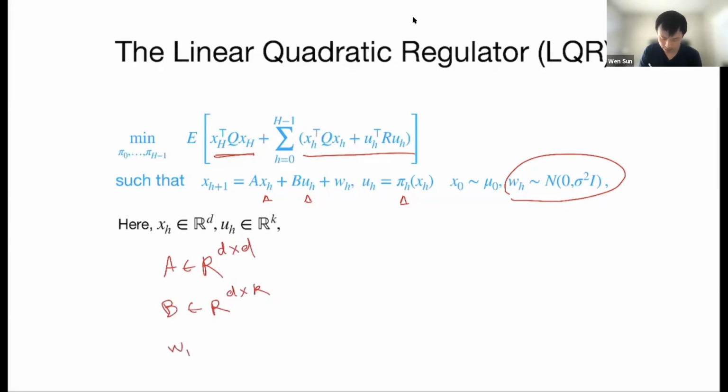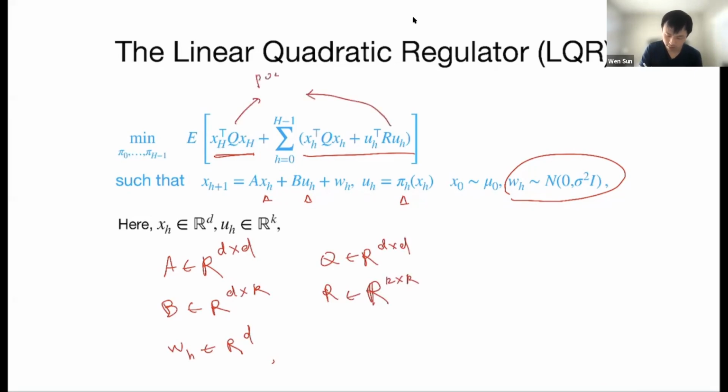And again, my w_h is from R^d. And my Q is from R^(d times d). My R is from R^(k times k). Okay, so let me emphasize both Q and R are positive definite.